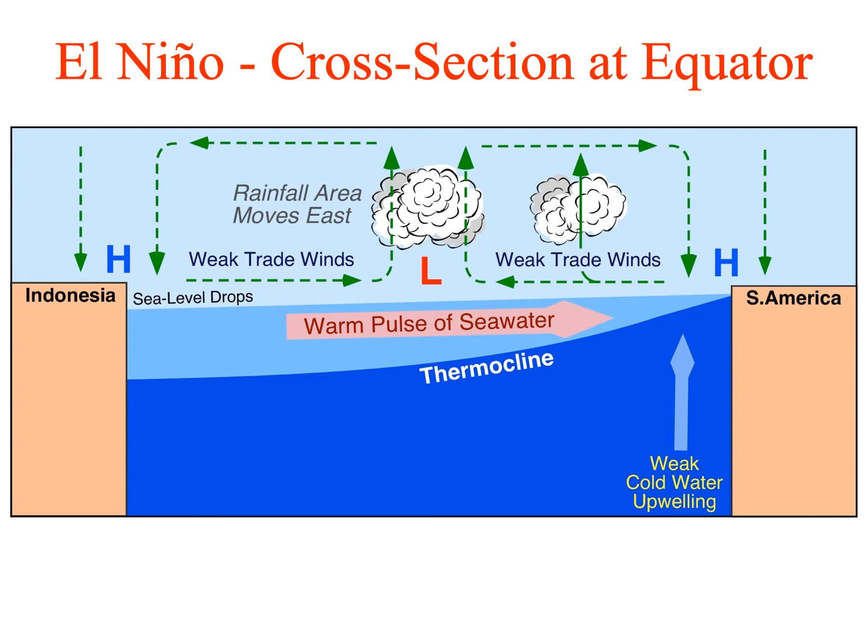Now it's moving from Indonesia to South America. Sea level drops near Indonesia, rises over South America, and we can see from satellite imagery that the water at the sea surface in the Pacific at the equator is warmer than normal.